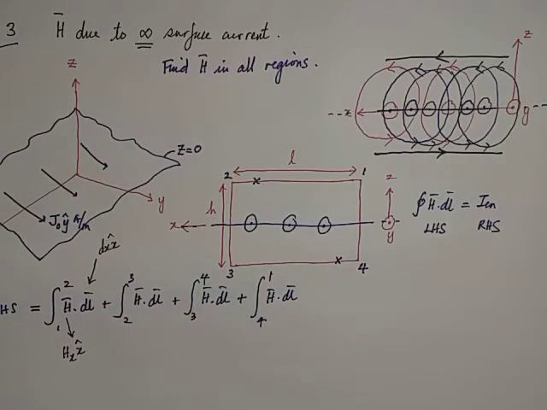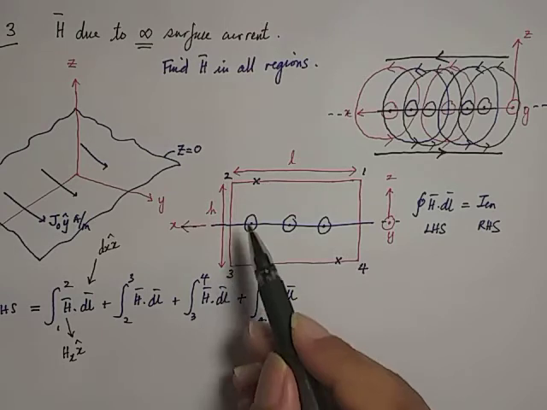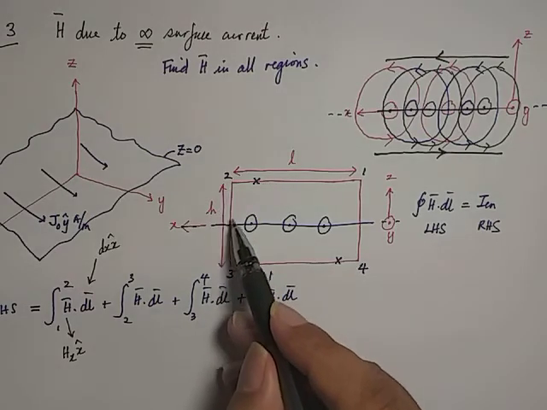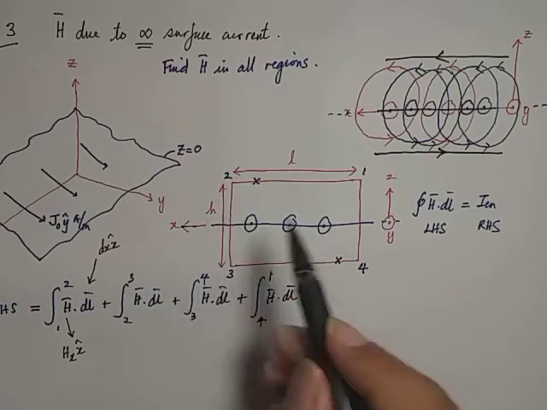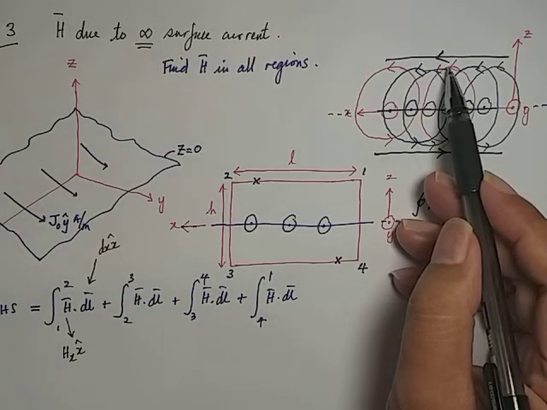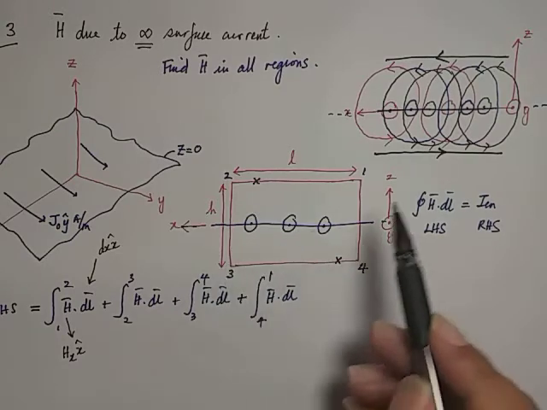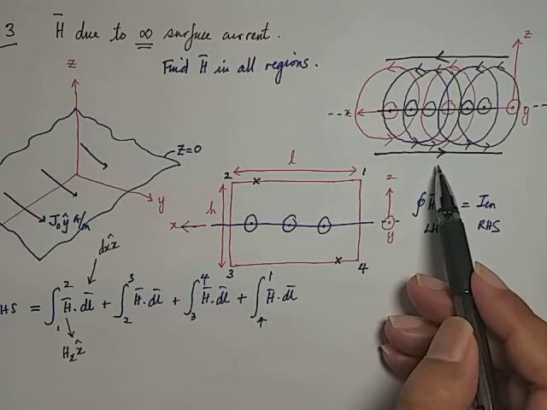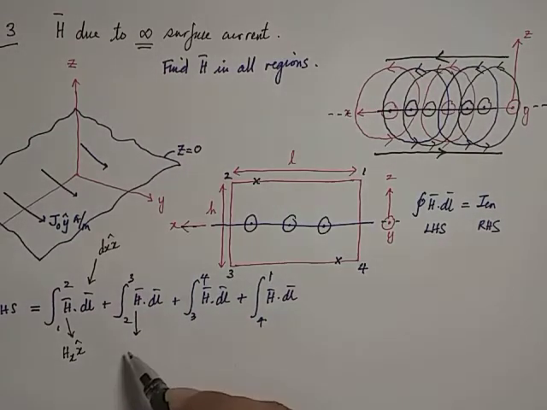Now how about this particular H? From 2 to 3, you can see it consists of the top region and bottom region. For the top region, H should obey this H, positive x, whereas in the bottom region, H must obey this H, negative x direction. So for this H, it can be plus minus Hx x.